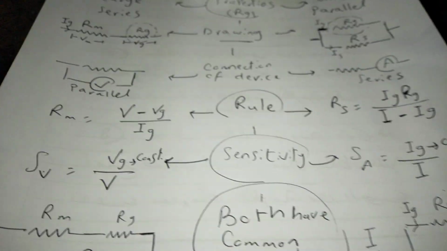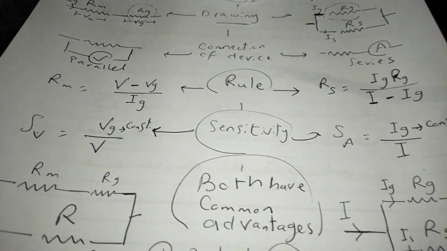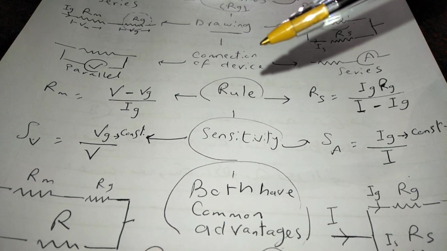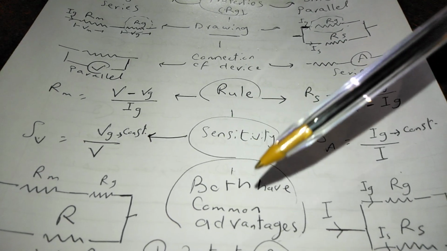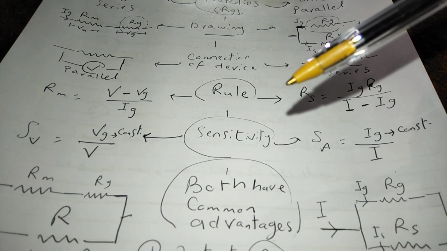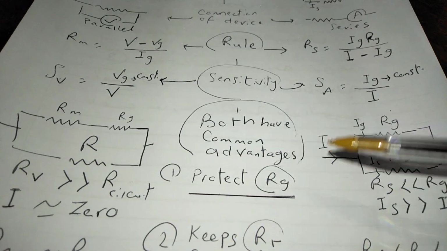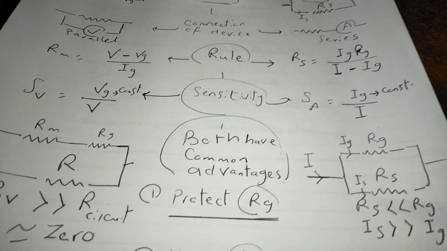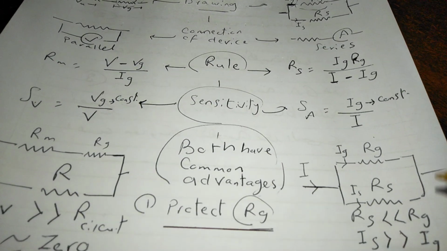Okay, let's move on to the advantages of each, and here the advantages of each are common. Both have the same advantages to make measurement. I mean, here both protect RG from damage and allow it to measure high measurement through the deflection of its pointer.